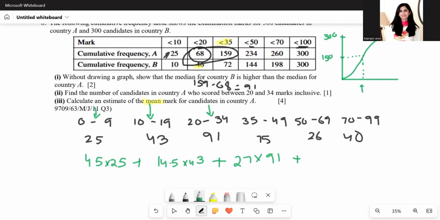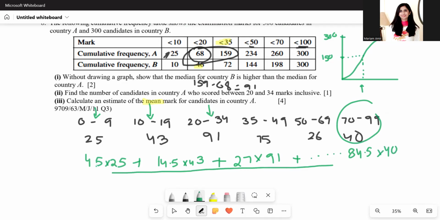Similarly, you do that all the way till the last value, which will be a mid value of 70 and 99, which is 84.5, times the frequency, divided by total frequency. Total frequency in this question is 300. And this will give us a rounded answer of 37.6.